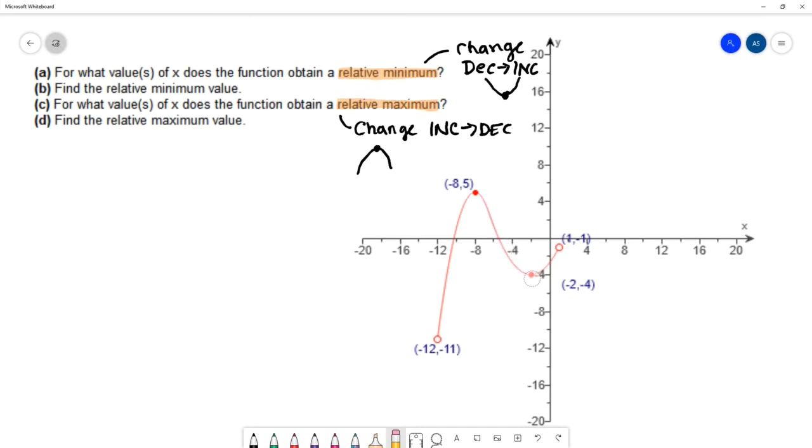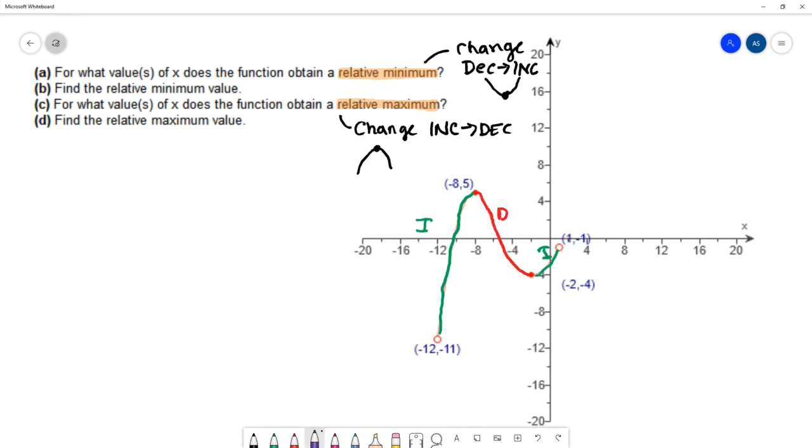And then we get to this point here, -2, -4, and it's now increasing, and it stops at 1, -1. So the section from -12, -11 to -8, 5 is increasing. The section from -8, 5 to -2, -4 is decreasing. And the section from -2, -4 to 1, -1 is increasing.